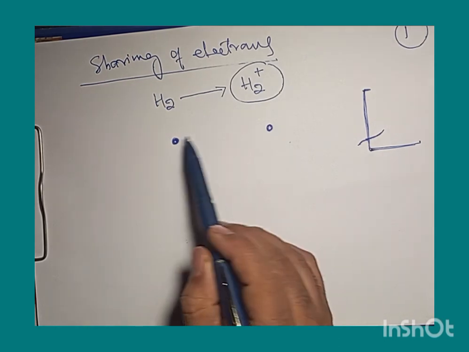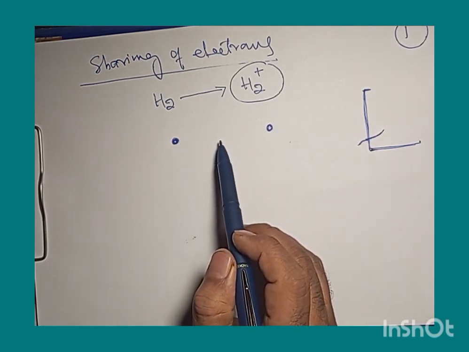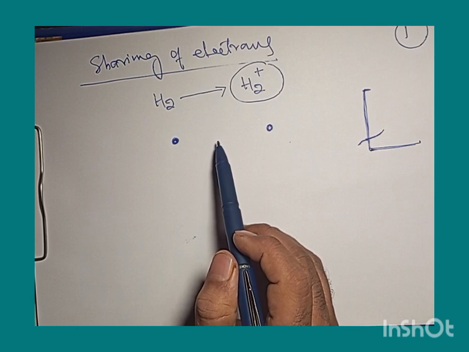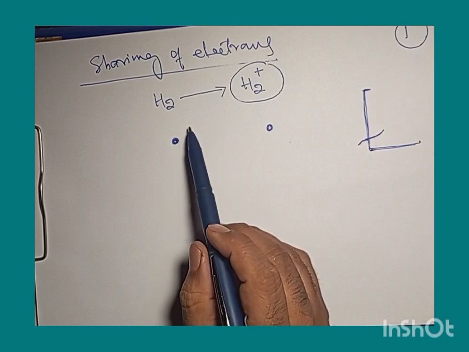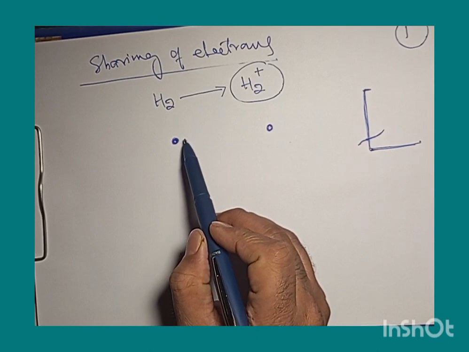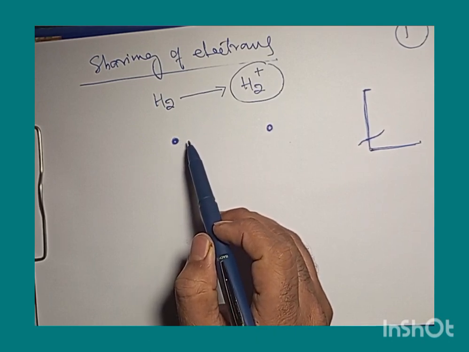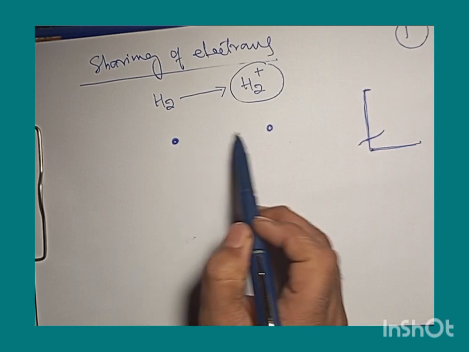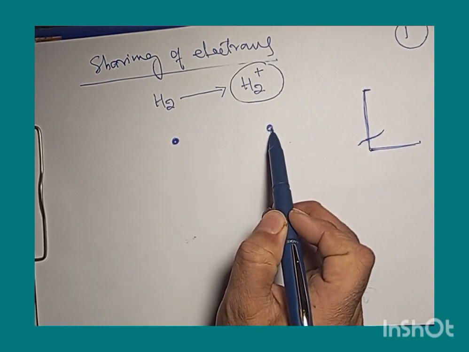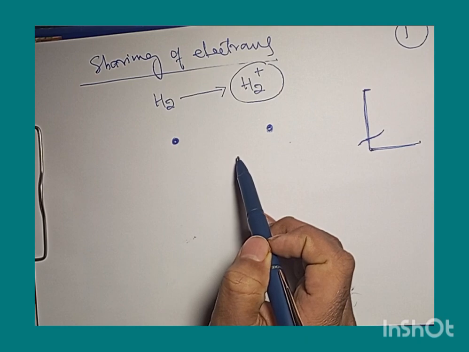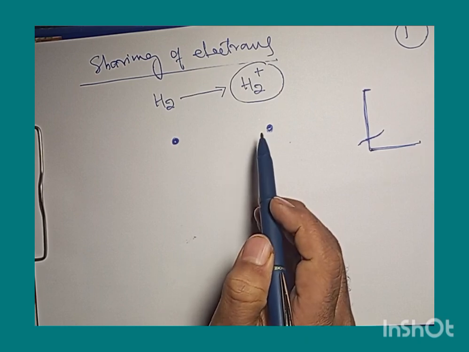And there is no mechanism in classical physics that can permit this electron in the hydrogen atom to jump spontaneously to the neighboring proton. So that's not the case.